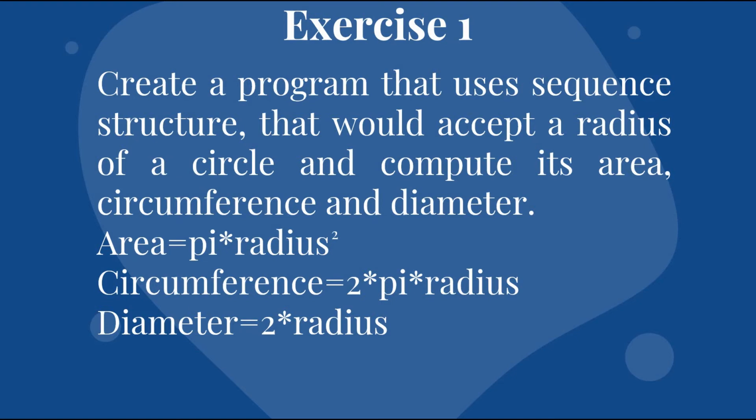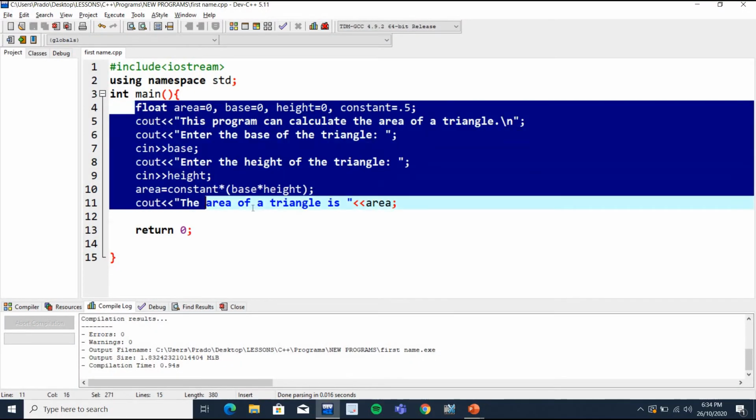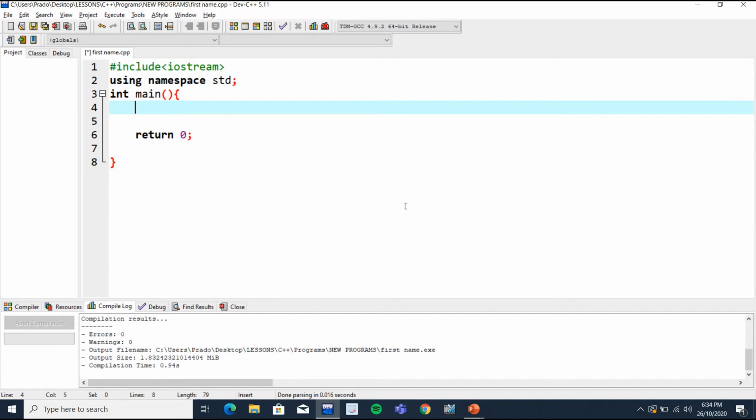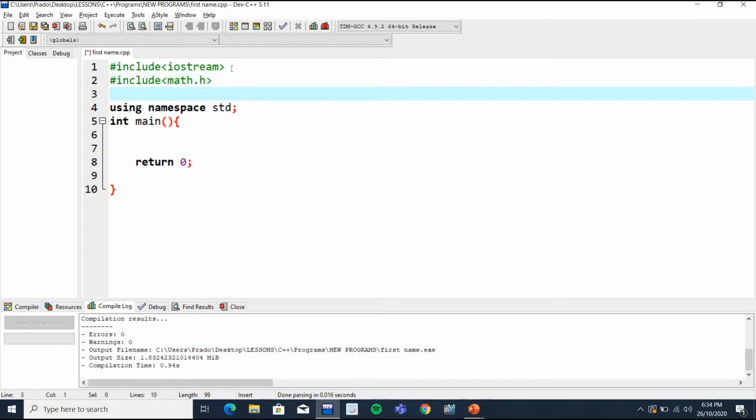So, let's start our program. So, delete po muna natin to. And then, gamitin po natin si #include math.h and the #include stdlib.h.